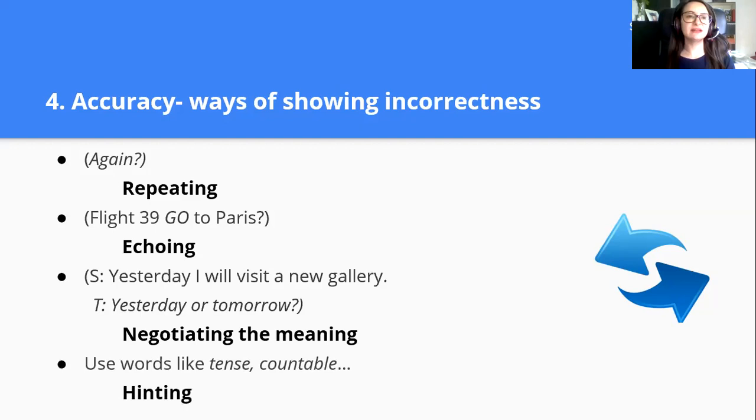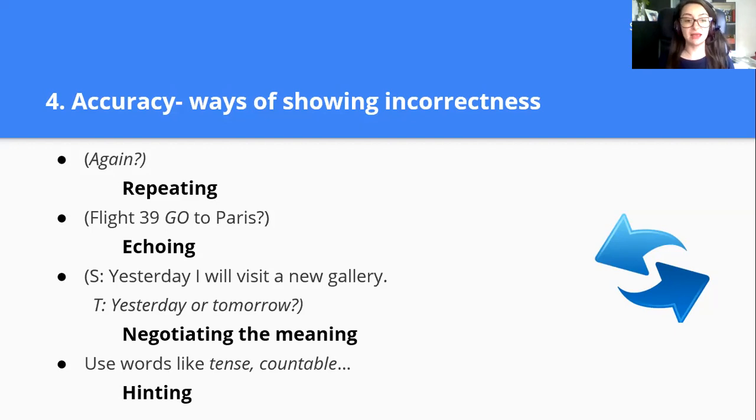With more advanced students, let's say upper intermediate and advanced level students, you can use hinting. Hinting means using those grammatical terms that we teachers normally use, like tense, countable, uncountable, adverb, adjective, action verbs, non-action verbs, and so on. You don't have to say anything else but tense or countable or adjective.